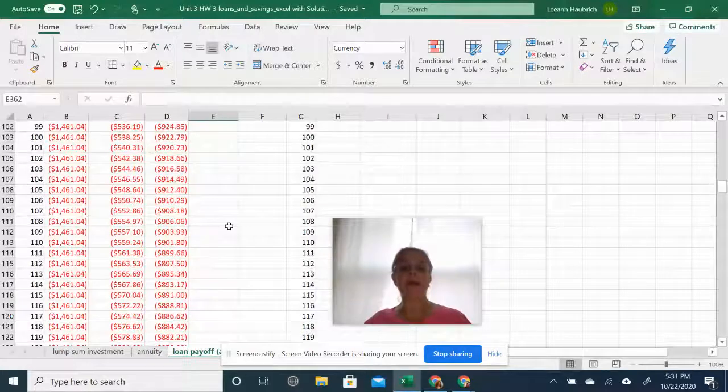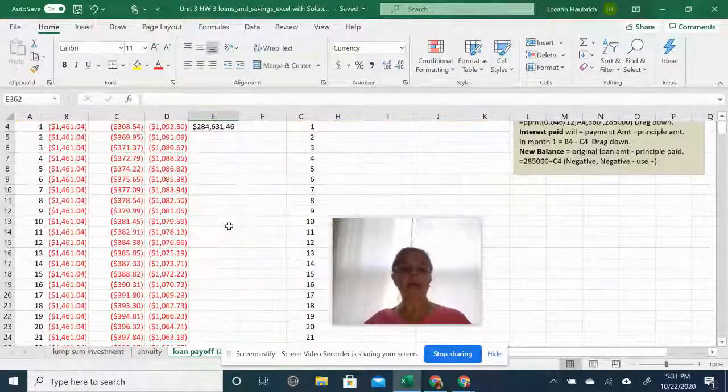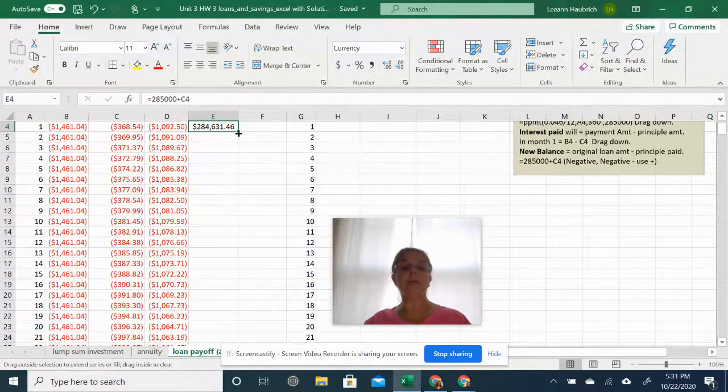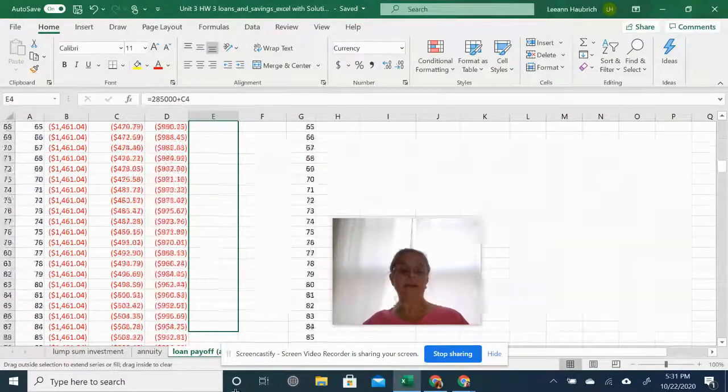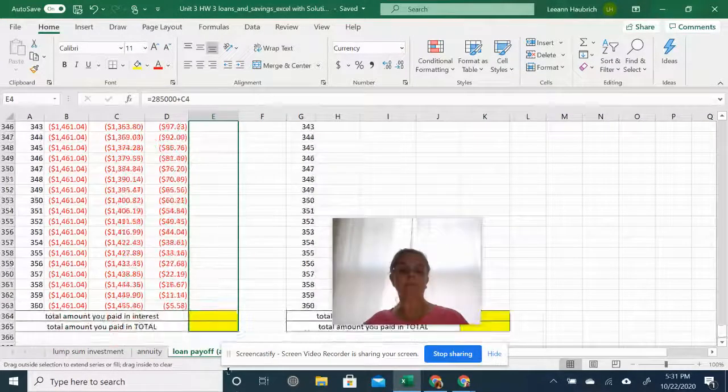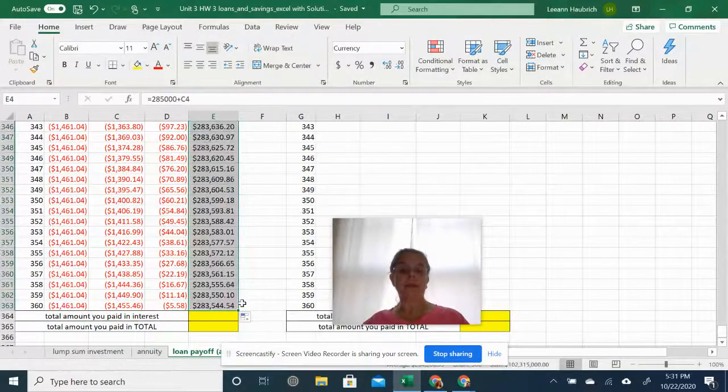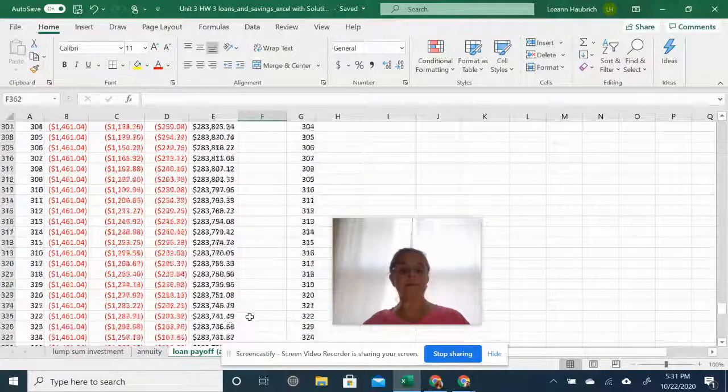And then the very last part is how much is remaining each month. So there is a formula up here. Grab the lower right-hand corner, bring it all the way down to the bottom, and hopefully there is definitely a mistake here.